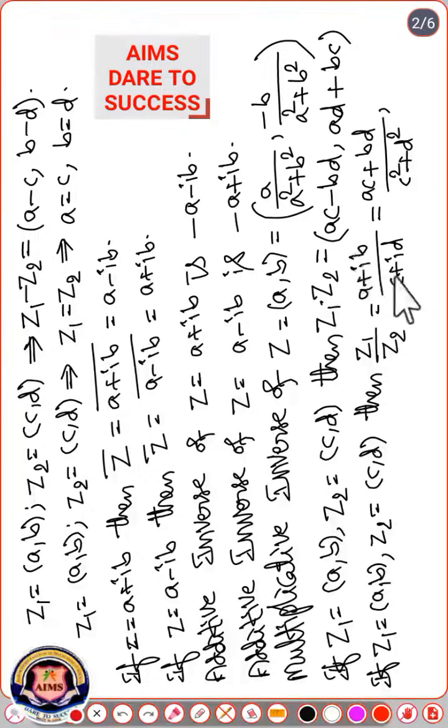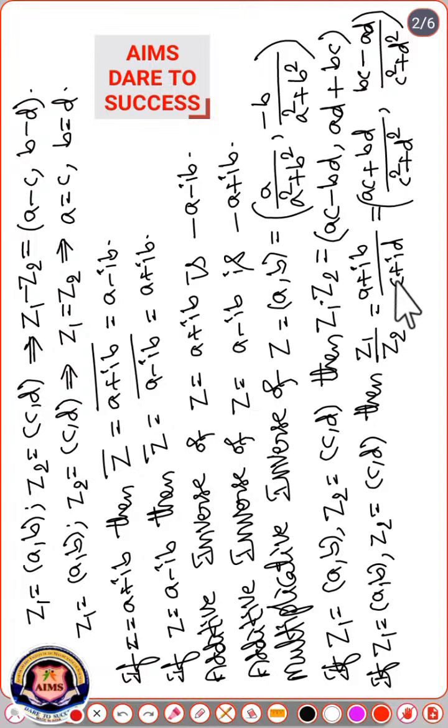Now cross multiply. First you can do it like this: BC, then keep minus, these two terms you multiply, AD, divided by the denominator value's square, the addition C square plus D square. This is the division of two complex numbers.